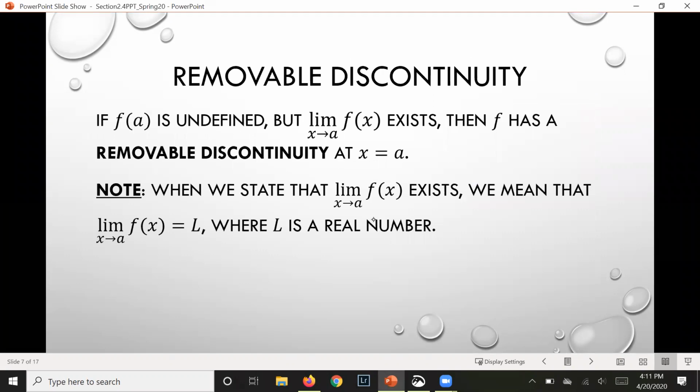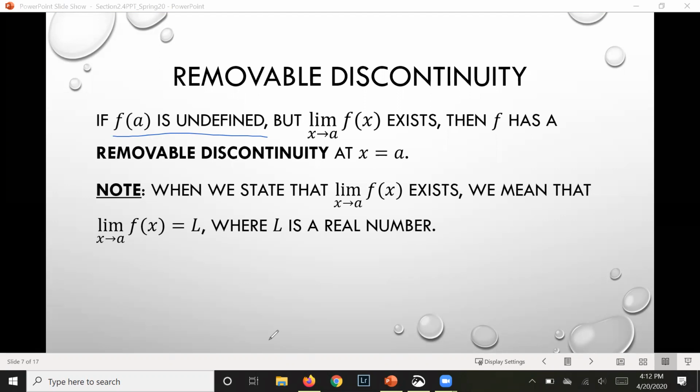So here's the official definition of a removable discontinuity. First things first, notice that it says that if f of a is undefined. That's a really important piece, because if f of a is defined, like on the last one, we actually couldn't put 2 into the function, right? Because it caused there to be a division by 0.